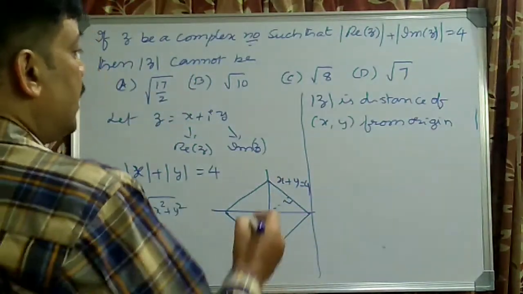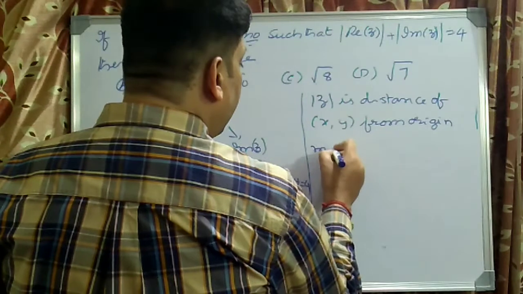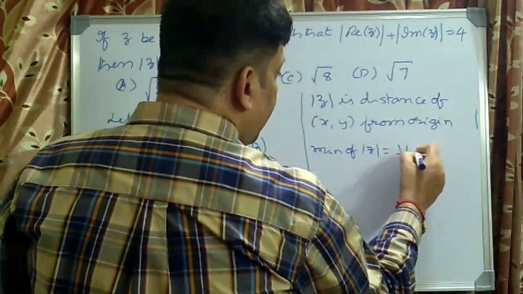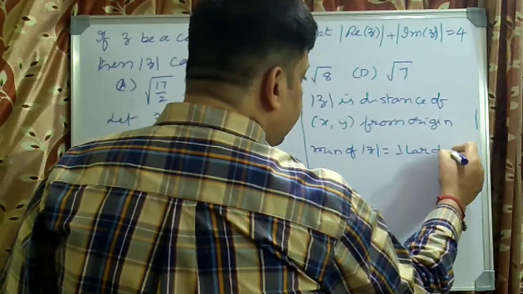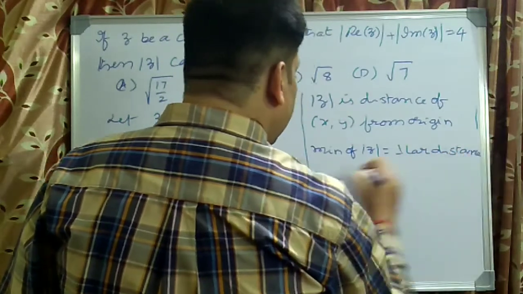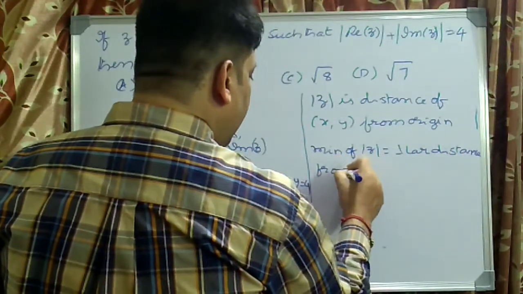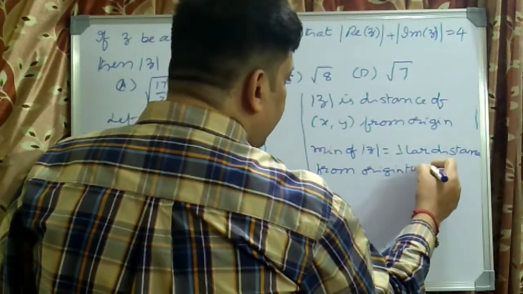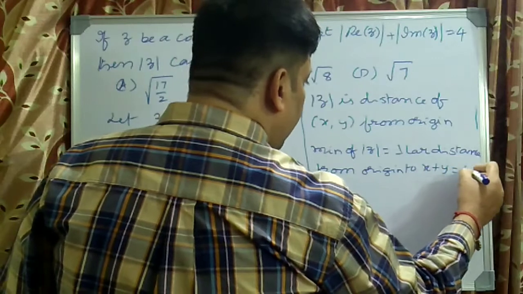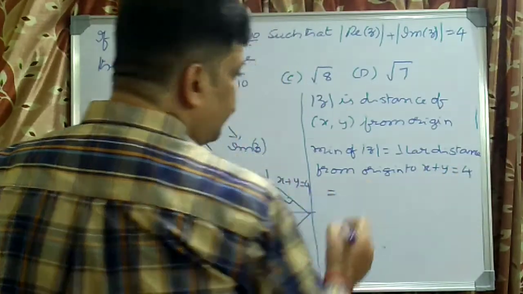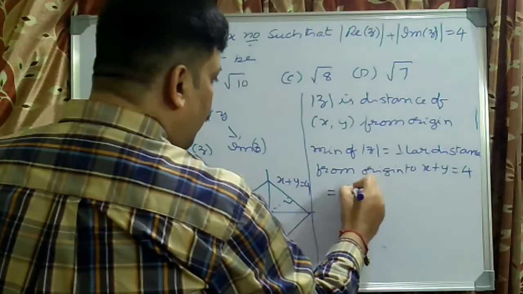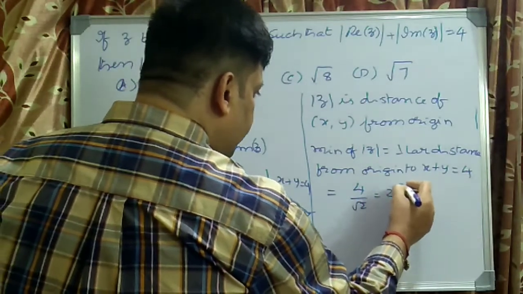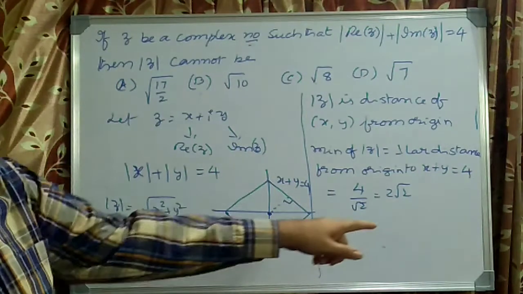So minimum of mod z is equal to perpendicular distance from origin to x plus y is equal to 4. That is equal to, you can see, 4 by root 2, which is equal to 2 root 2. So minimum distance is 2 root 2.